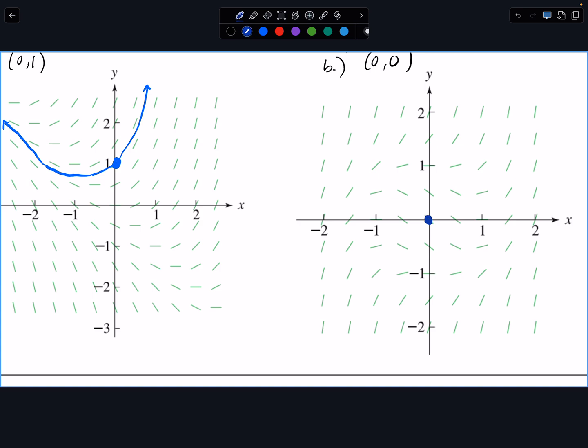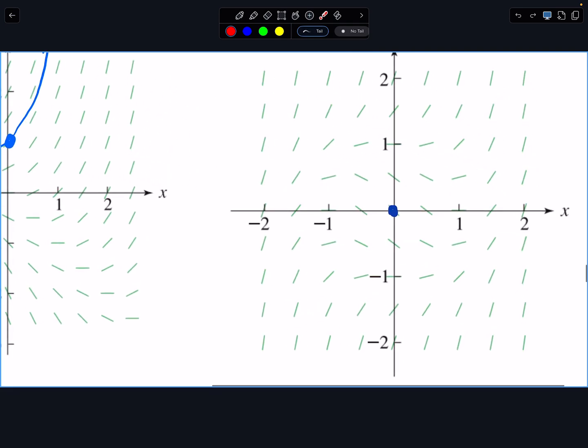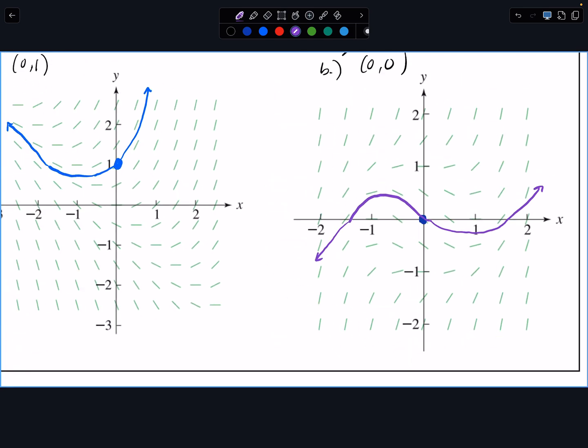So can you guys visualize that? It kind of looks like that. Can you see that? So we're going to try to sketch something that looks like that. So it comes down, gets flat, starts to rise and exits. Here, it's flat, comes down, and then exits like that. Okay.